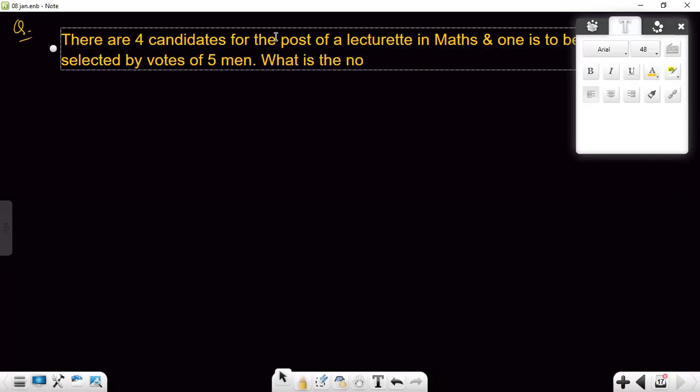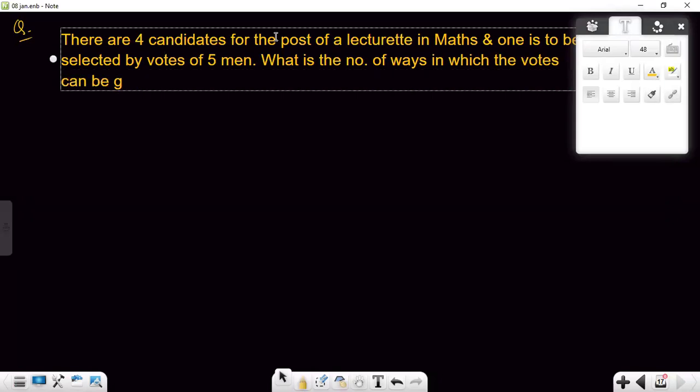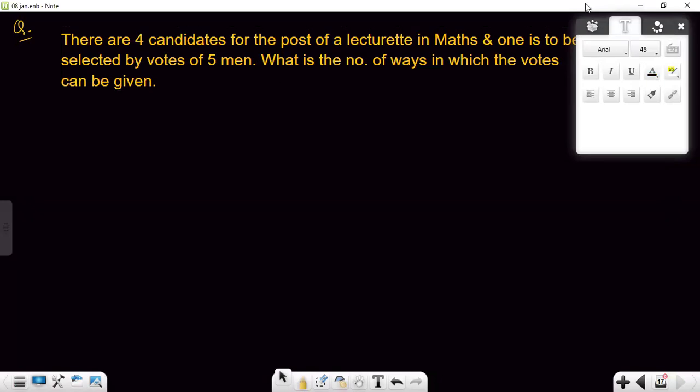What is the number of ways in which the votes can be given? There are some options given. We will not consider them.